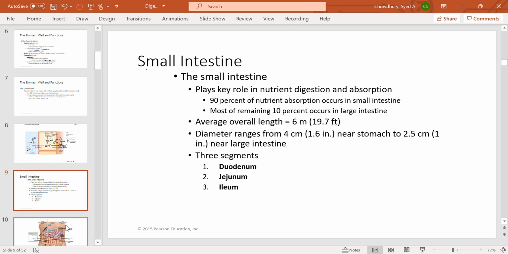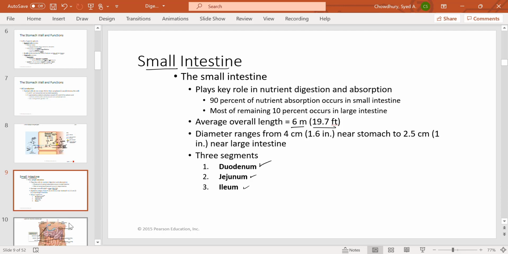Small intestine. Small intestine is very long. It's about 6 meters. Average overall length is 6 meters. That means nearly 20 feet. And if you see the parts, first shortest part is called the duodenum, and then middle part is jejunum, and last part is the ileum.